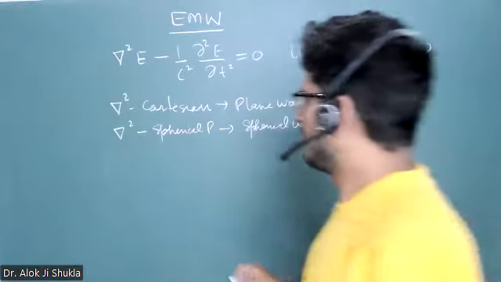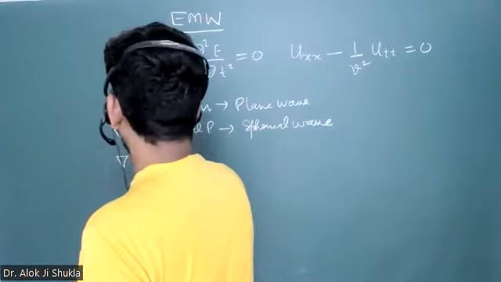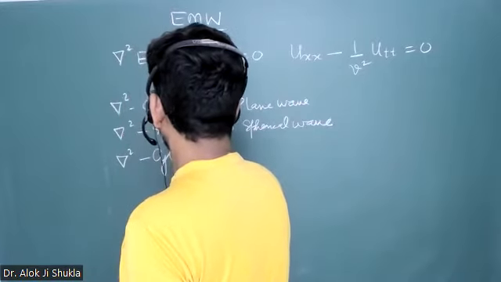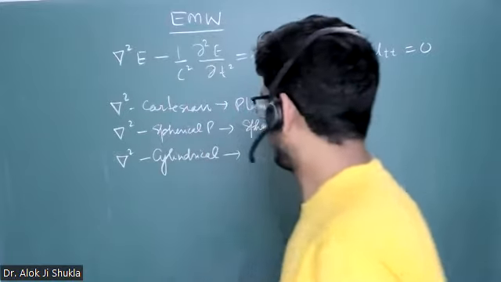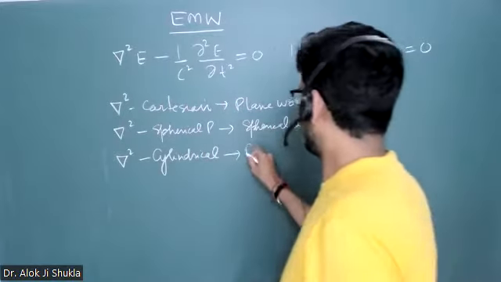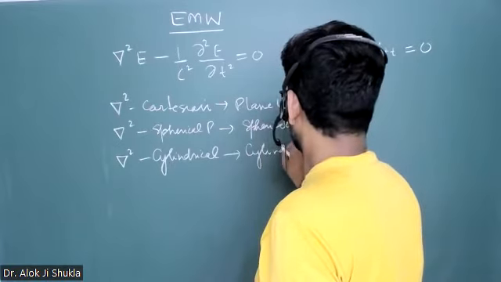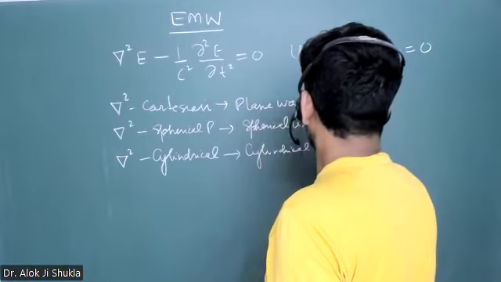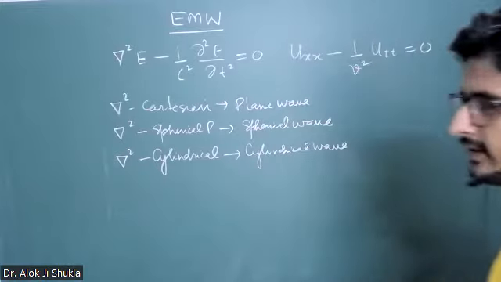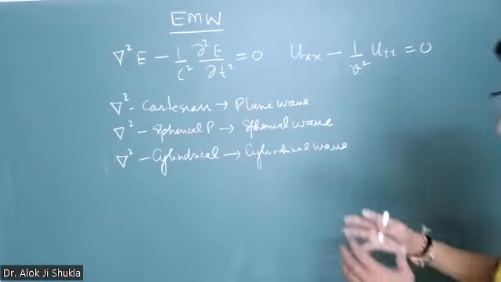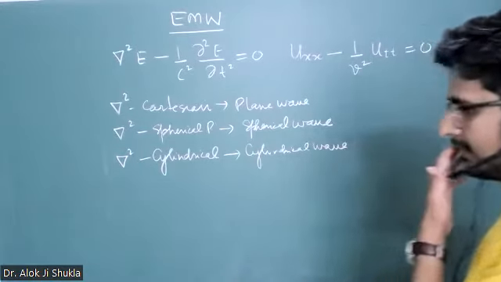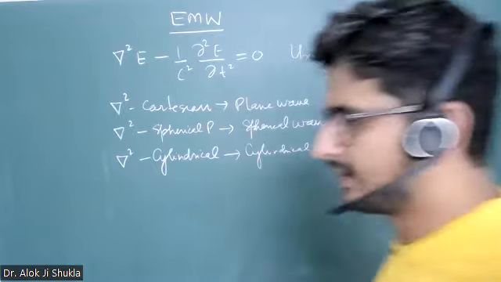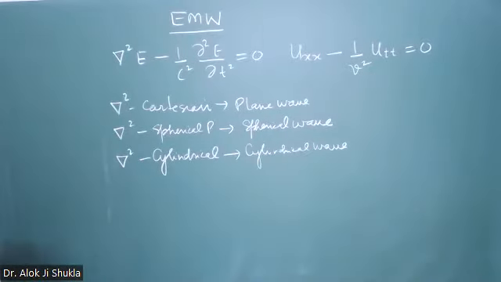And if you want to write del square, depending on the system, in cylindrical coordinates, then you will have a cylindrical wave. Like in class 12th, you have read about wave fronts, the spherical wavefront, cylindrical wavefront. So you can compare it with that.